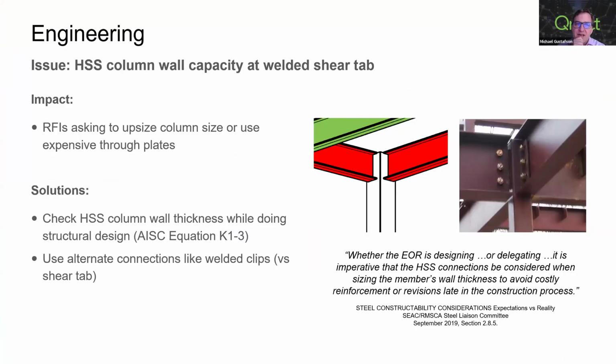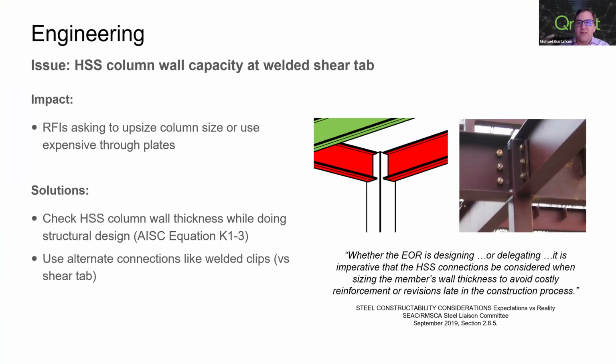This example, another engineering example, is checking local limit states of columns. This is an example called out by the Rocky Mountain Steel Construction Organization as an issue that EORs have, where they design the framing, but the wall thicknesses are too thin on the HSS columns. Therefore, the connection is really complex.